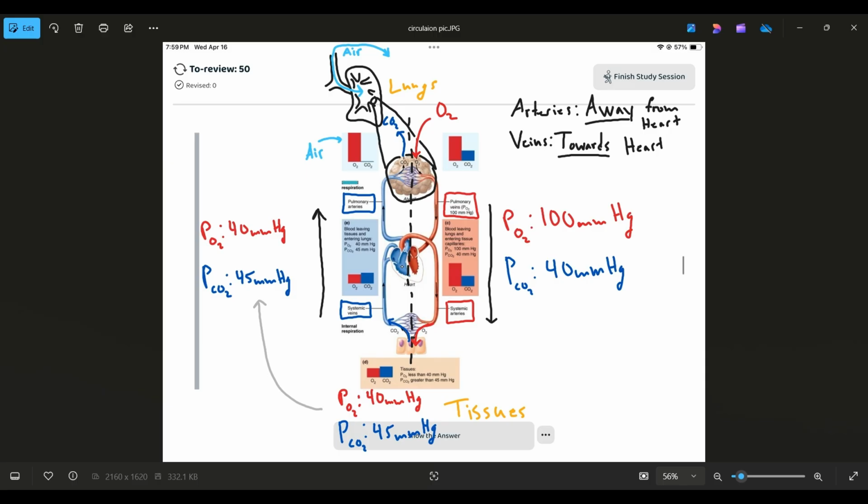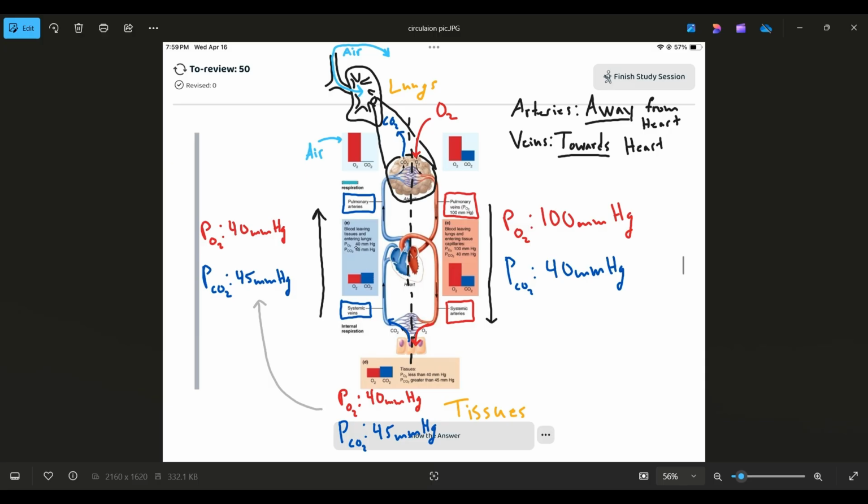So it's blood basically that has less oxygen than it does CO2. So you can see over here in this chart, since the bar for the O2 is lower than the bar for CO2, that's showing you that there's less oxygen and there's more CO2.